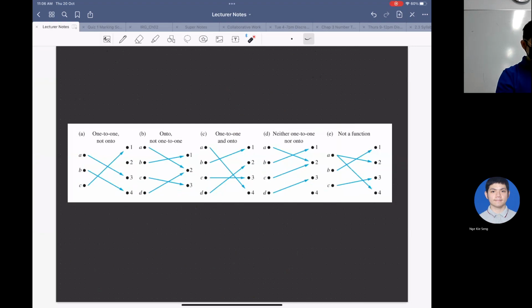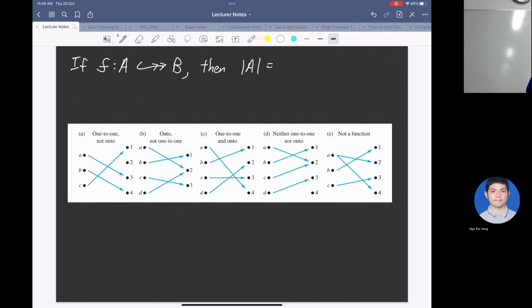Okay, so if you have a bijection between two sets, then the cardinality of the set will be the same. This one is how you compare the cardinality.